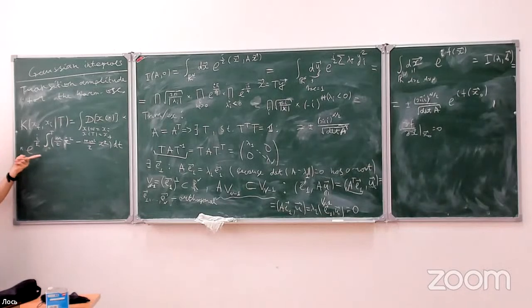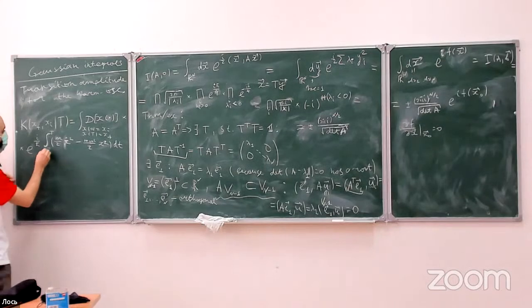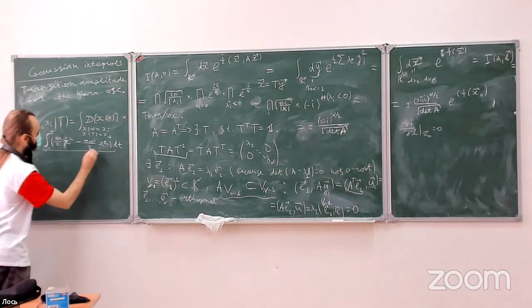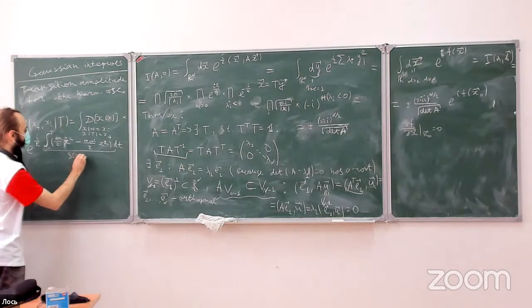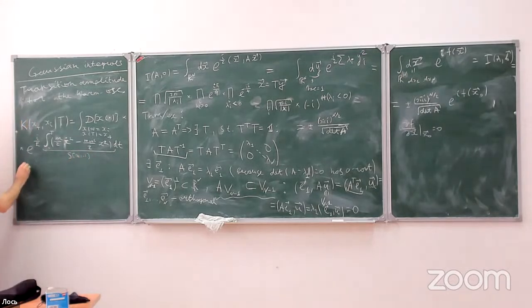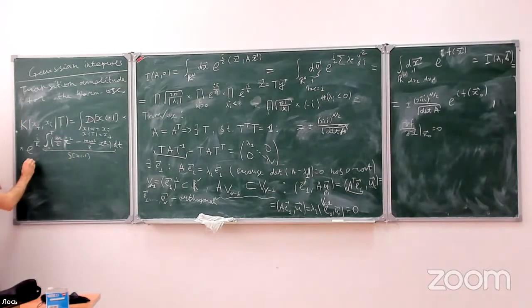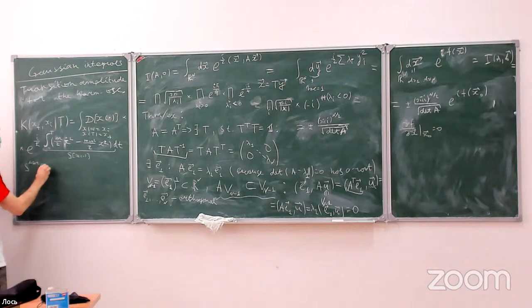So let us look at the discretized version of this action. So this is S of x. The discretized version of this is what?